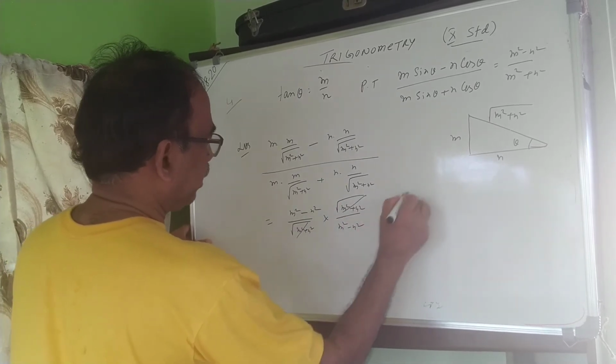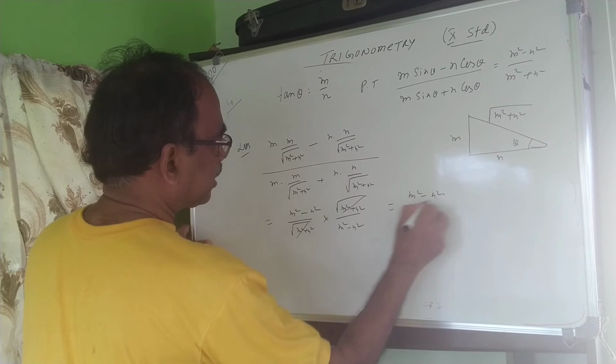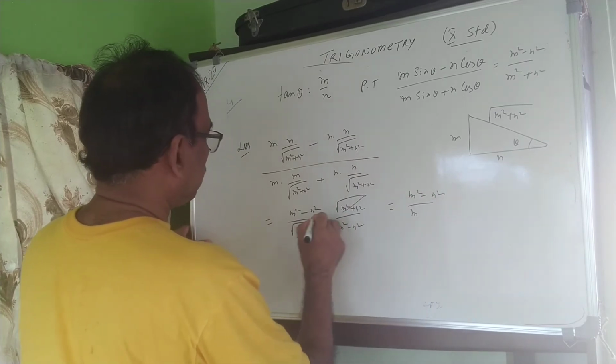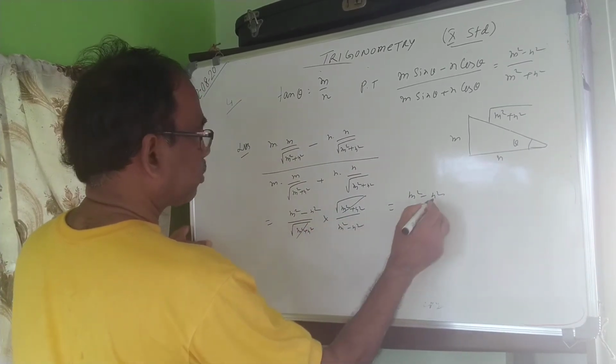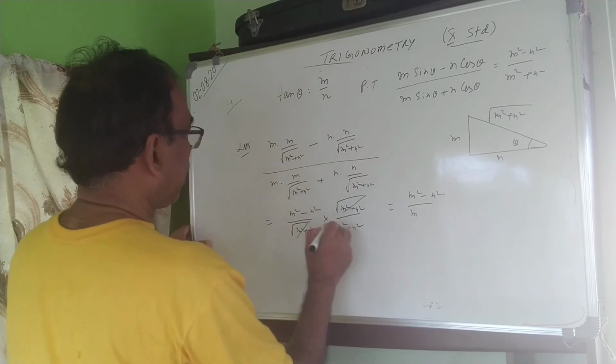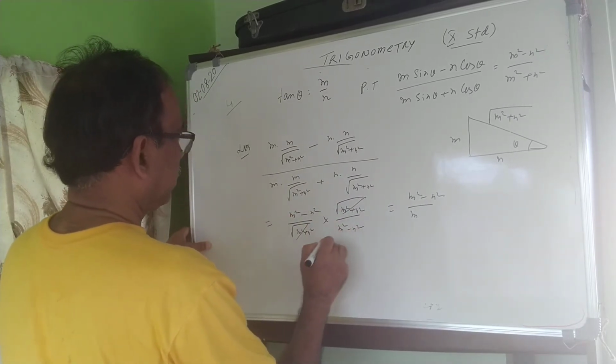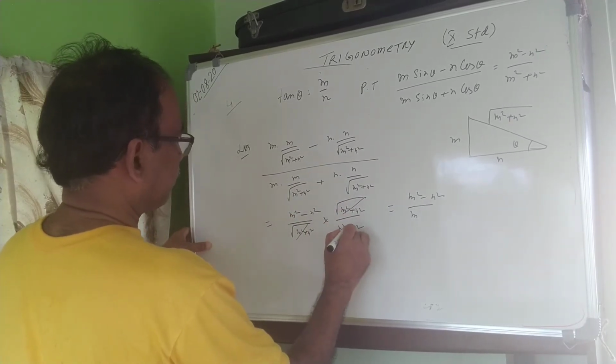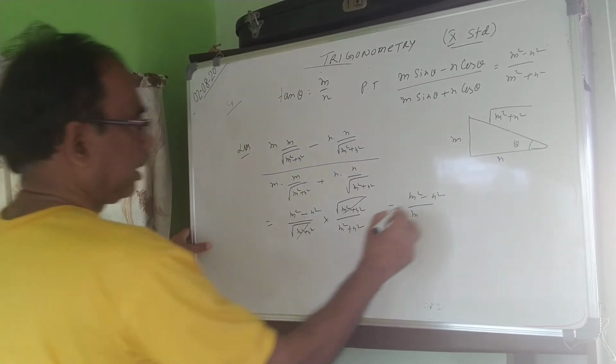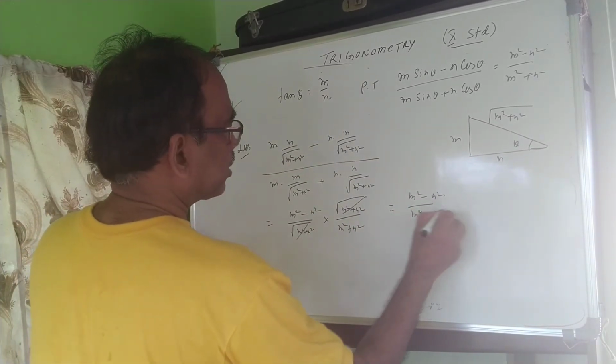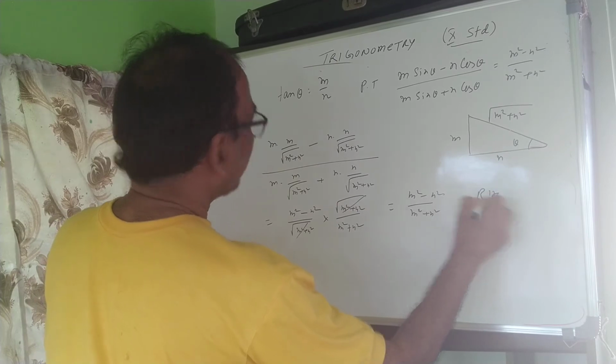Cut this, we will get m square minus n square, this is plus, this should be plus, m square plus n square, equals the right hand side.